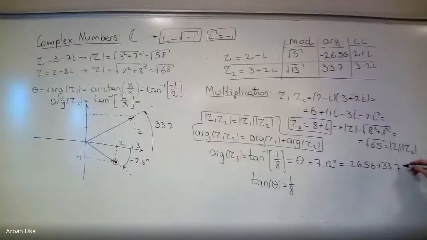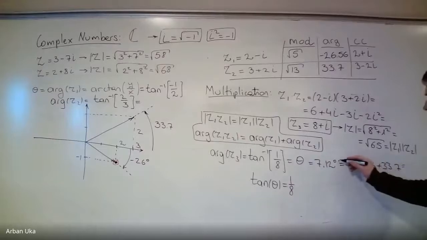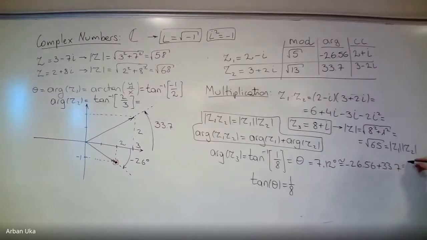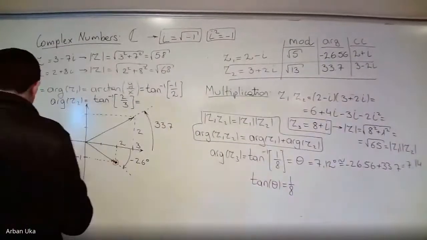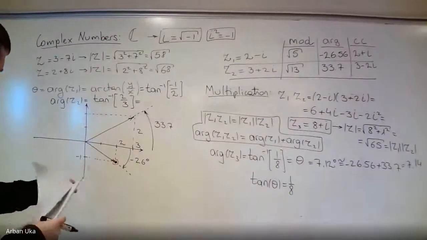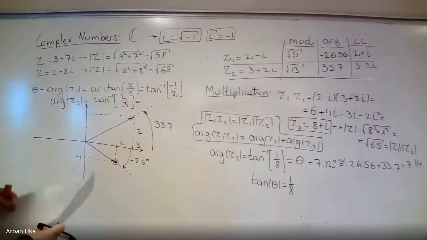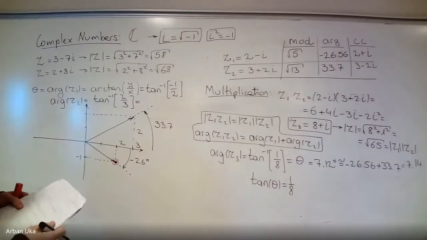That's correct. So here we put an approximate sign, and this is equal to 7.14. So it looks like we also confirm these important relationships between the magnitude and the angles, the modulus and the angles.